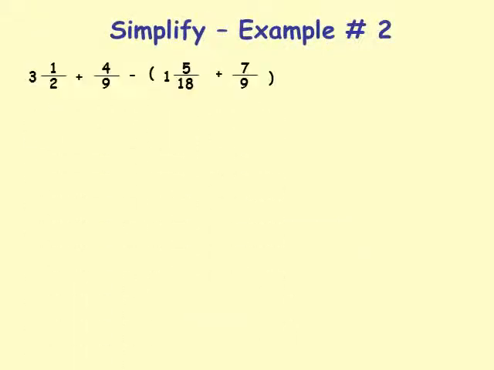Another example: 3/2 plus 4/9 minus parentheses 1 and 5/18 plus 7 divided by 9. We have parentheses here, so first we have to resolve the bracket. This is 23 by 18 and this is 7 by 9. When you add them together, it becomes 37 by 18.